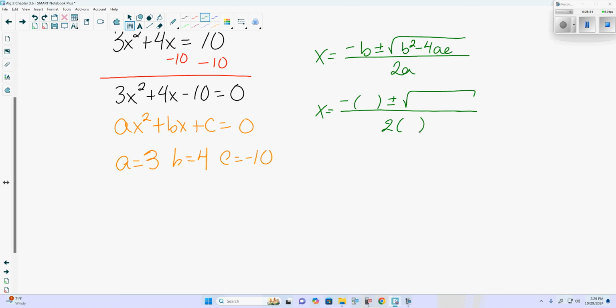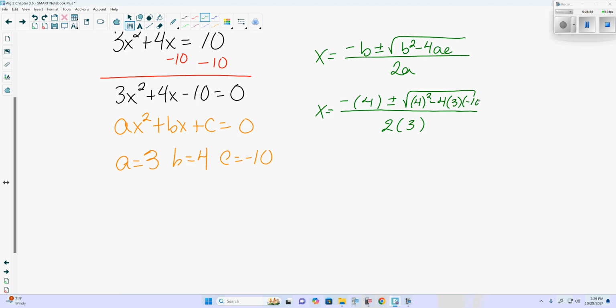Negative b plus or minus square root of b squared minus 4ac all over 2a. So negative b would be negative. We'd plug in 4 for b. Our b squared would be 4 squared. Our a is 3, so we can plug 3 in for a.